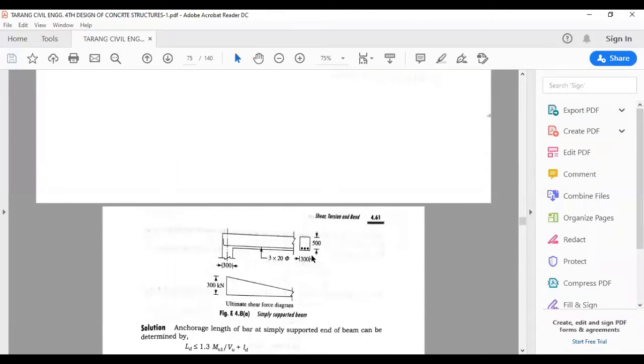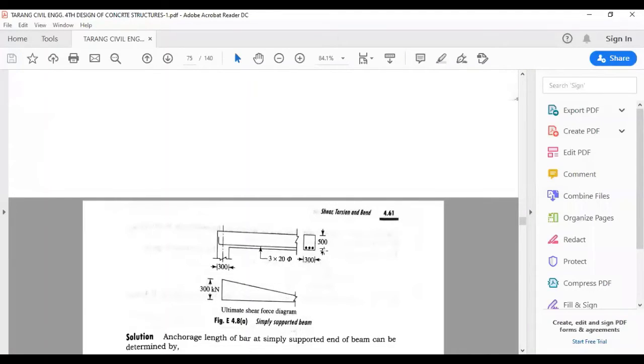The value of shear force is given as 300 kilonewton. Small b is 300, and this depth is given as 500. If you zoom in, you will see it is the effective depth.